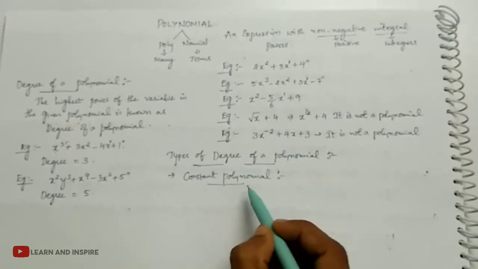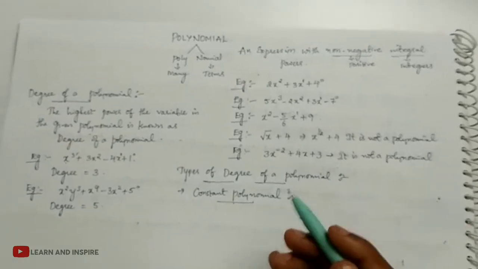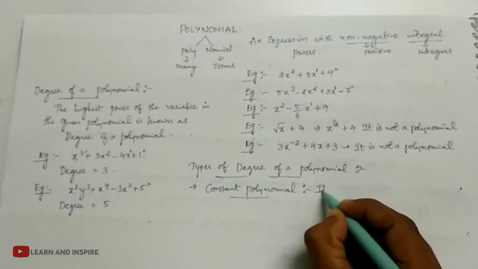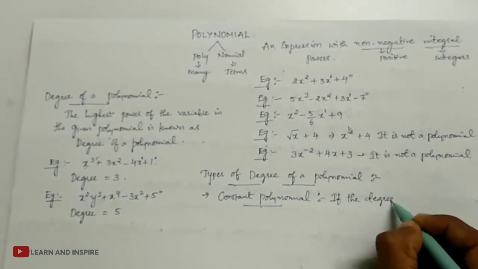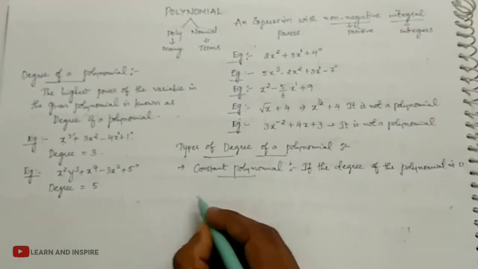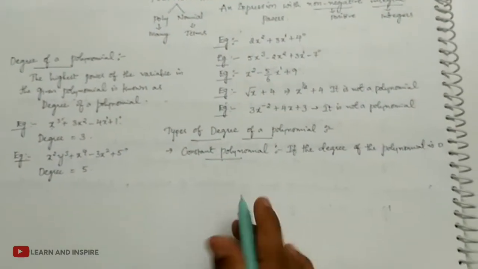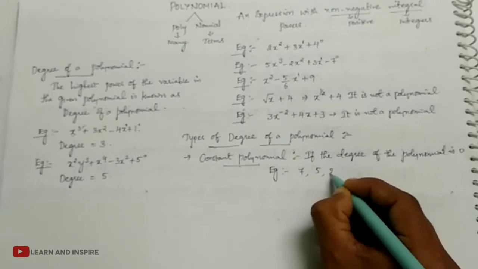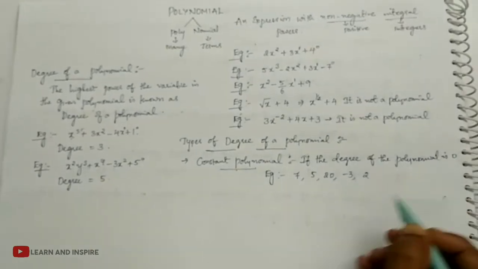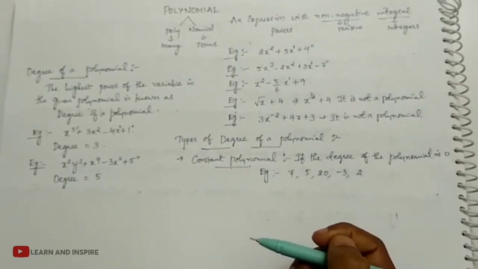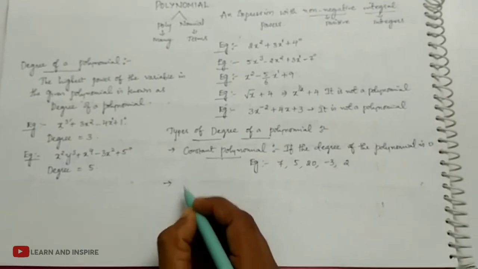So example, we can write any value: 7, 5, 20, -3, 2. For all these constant terms the degree will be 0. So this is the first type of polynomial based on degree.